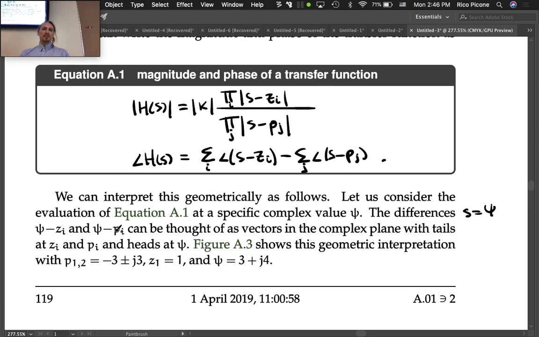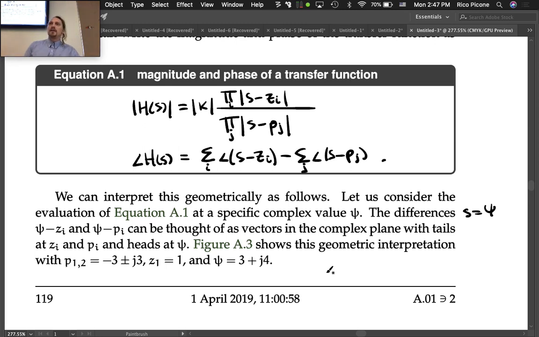And psi minus Pi, the poles, show up in the denominator of the magnitude and in the subtraction of the phase. They can be thought of as vectors in the complex plane with tails at Zi and Pi and heads at psi.